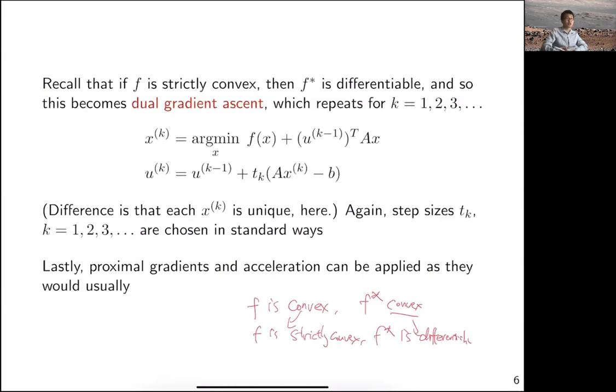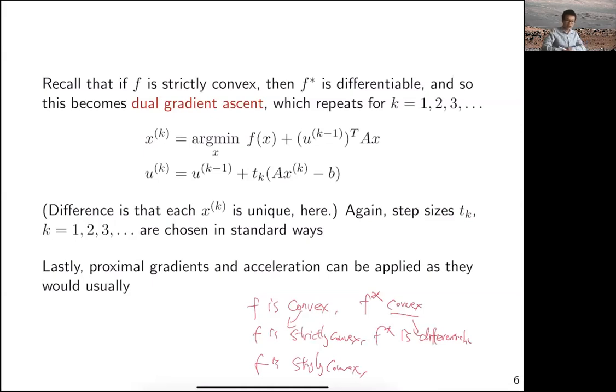And suppose f is strongly convex, then of course f star is still convex and differentiable. But are there any additional properties? So the guess is strongly convex.